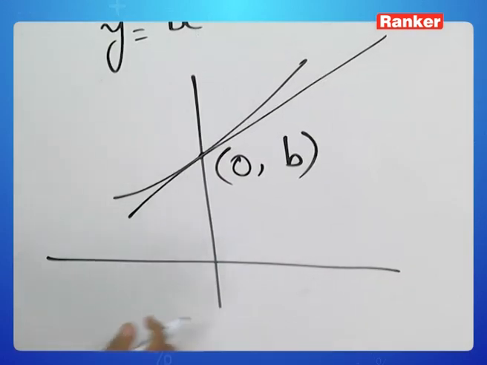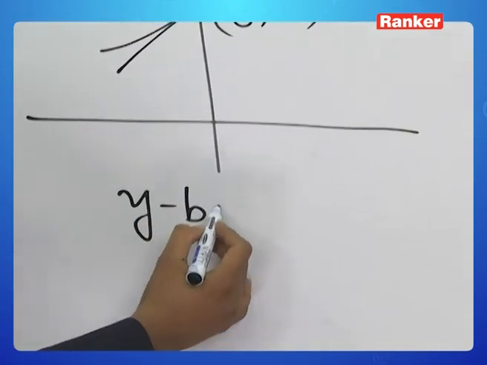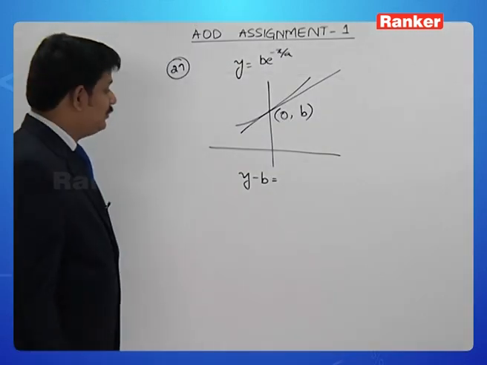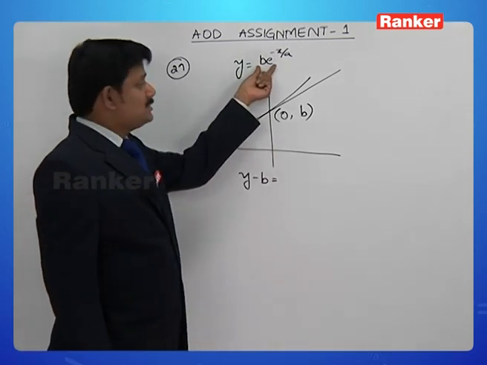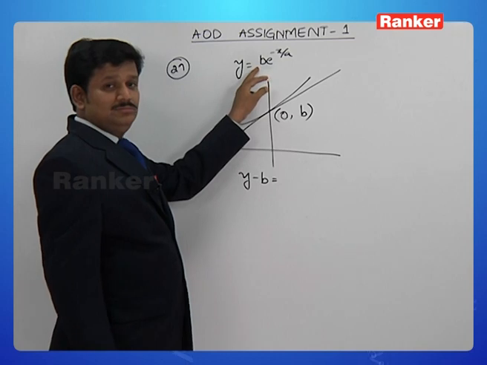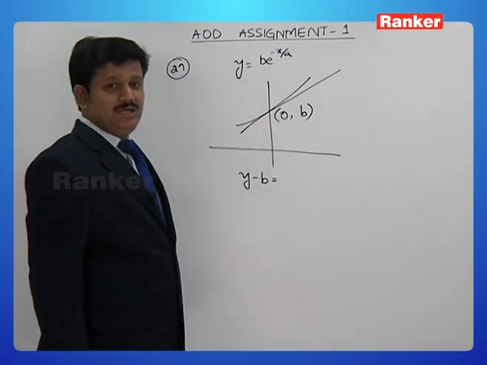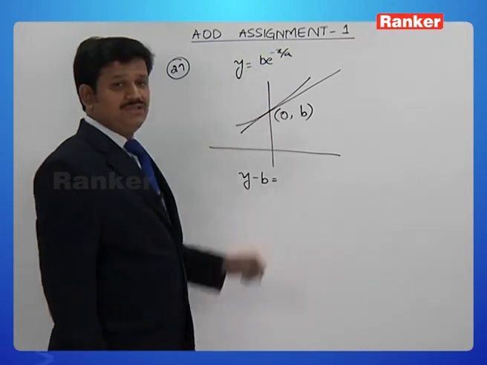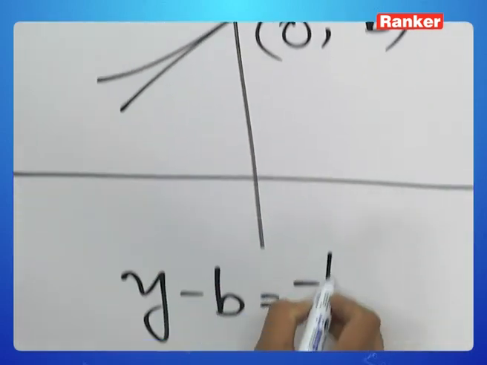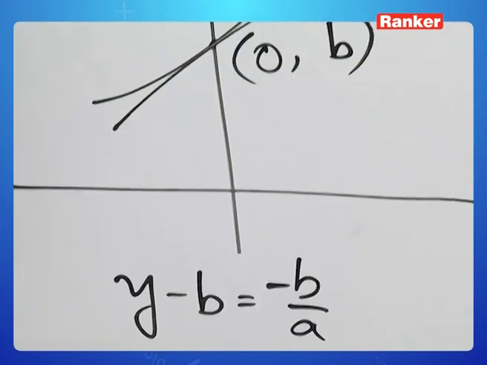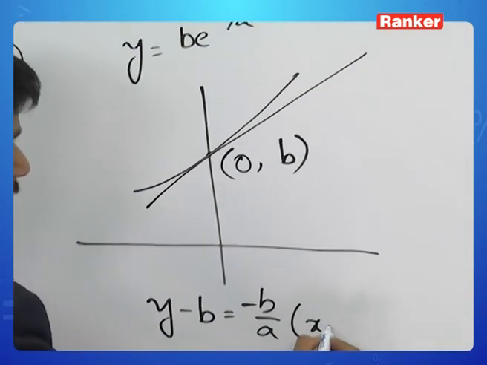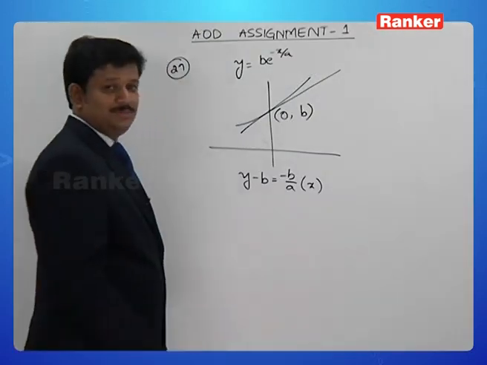So the equation of the tangent is given by y - y1, that is y - b, equals m times (x - x1), where m is the slope of the tangent. Differentiating, y' is b times the derivative of e^(-x/a), which is e^(-x/a) times -1/a. So -(b/a)e^(-x/a), which when x is 0 becomes -b/a, times (x - 0).